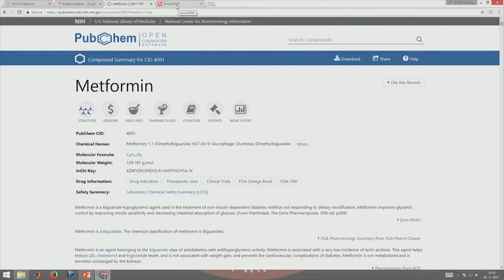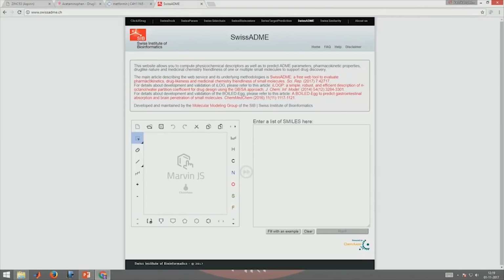For example, if I have a totally unknown molecule and I want to know some of these properties, I can find out using this particular software. This is called the SwissADME software. So, I can draw a structure here, okay. By drawing the structure I can try to predict some properties.